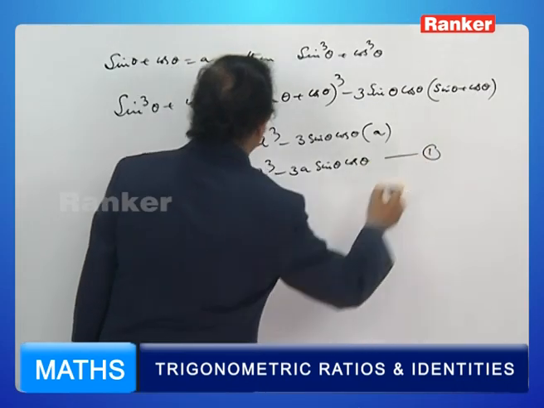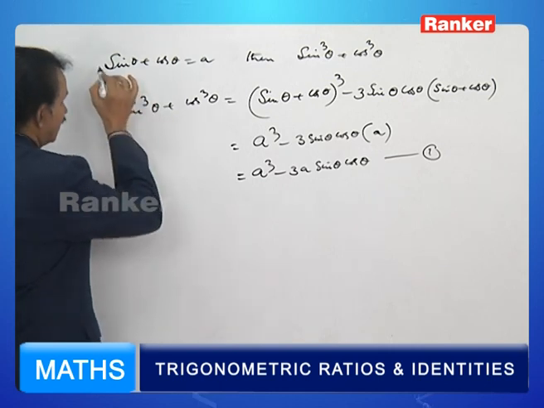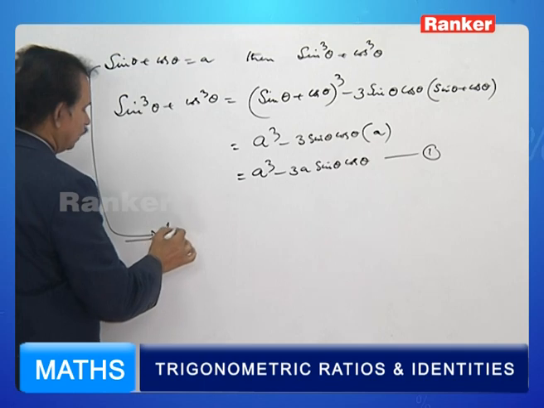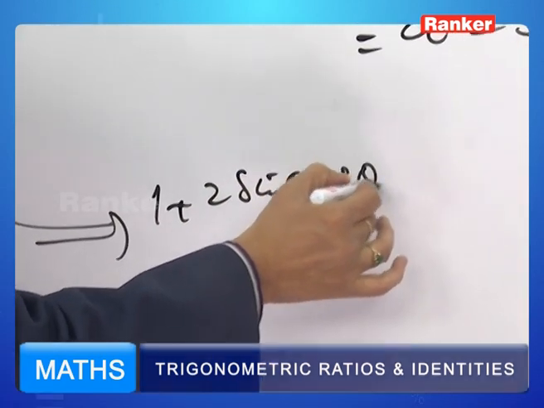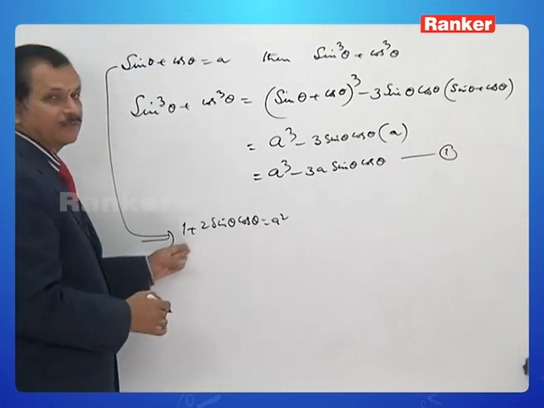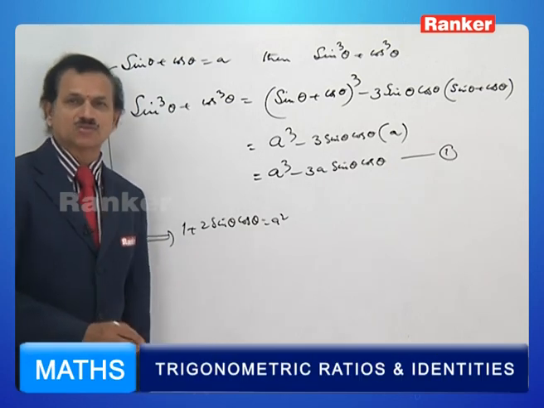Call this equation 1. Well, sine theta plus cos theta is equal to a is given, square it on both sides. Sine square theta plus cos square theta plus 2 sine theta cos theta, and sine square theta plus cos square theta is of course 1.